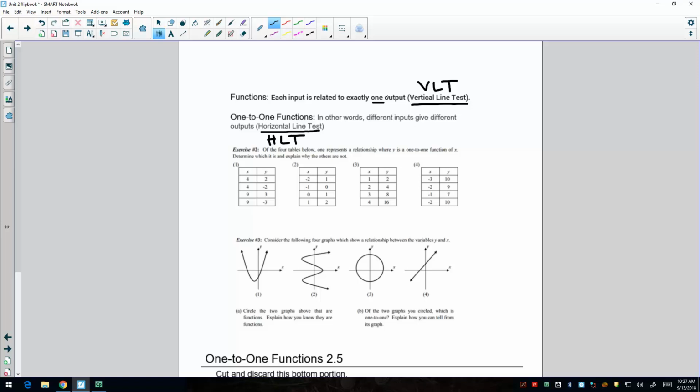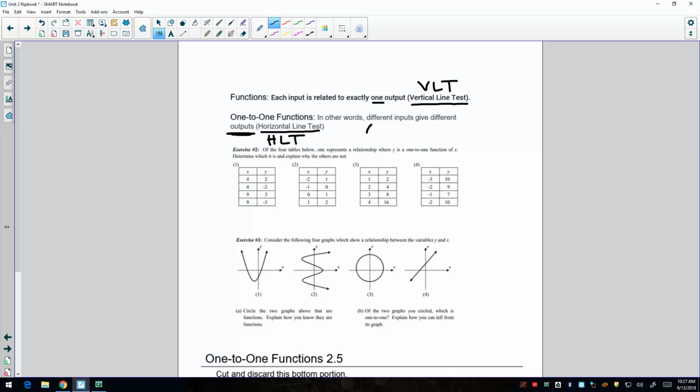To tell if it's a function or not, we look at the inputs and see if there are any that are the same that go to two different outputs. Well, to tell if it's one-to-one, we look at the outputs. If there are two numbers that are the same in the output column, the y's, then it's not one-to-one because it won't pass the horizontal line test.